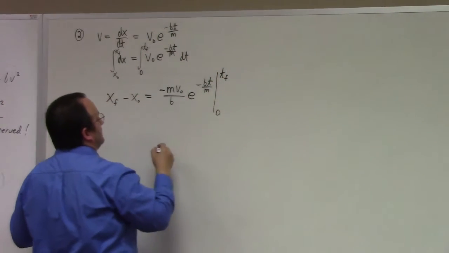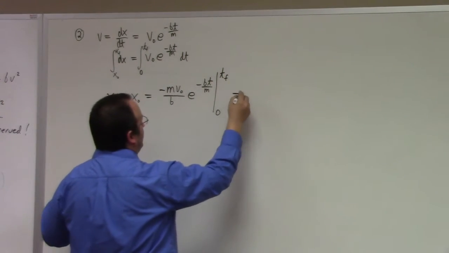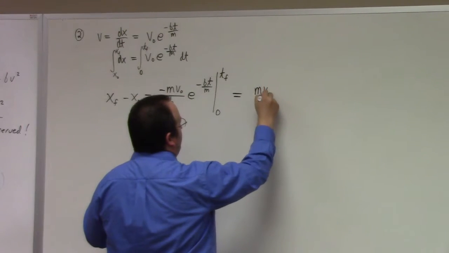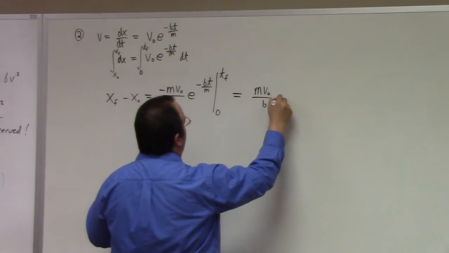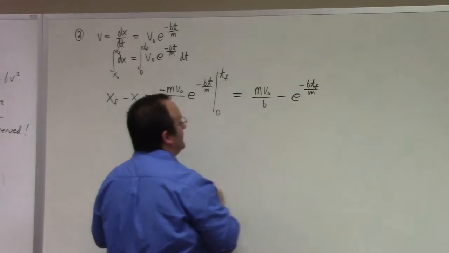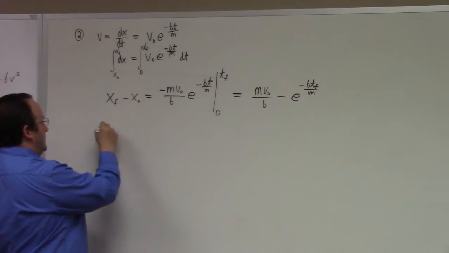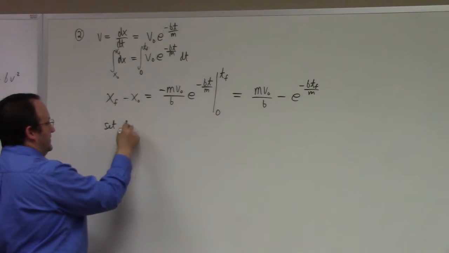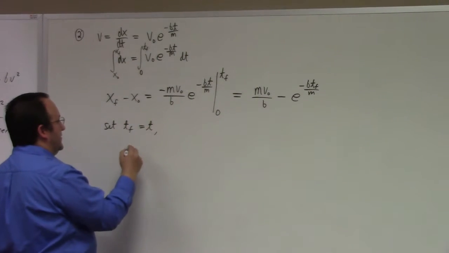So that is really m v naught over b times (1 minus e to the minus b final time over m). And so setting the final time equal to t to make my formula prettier.